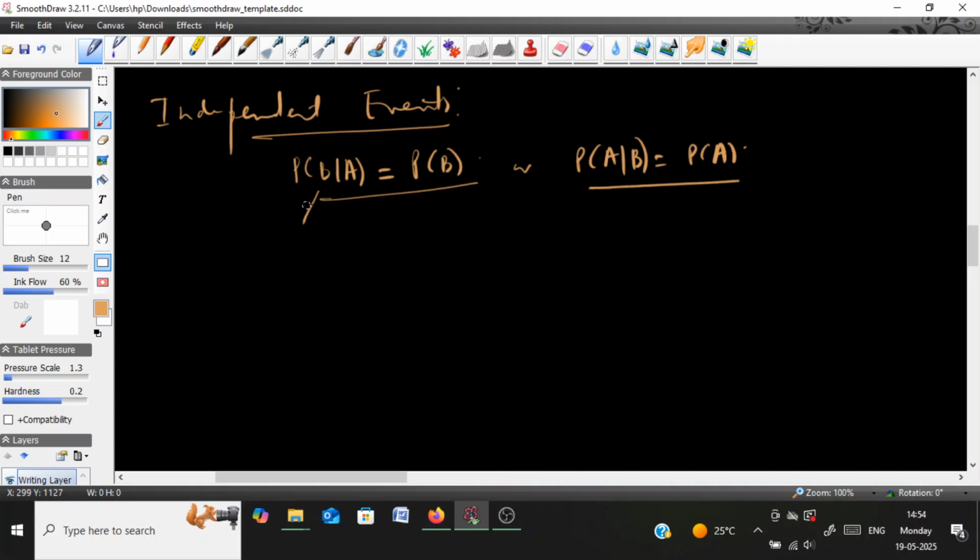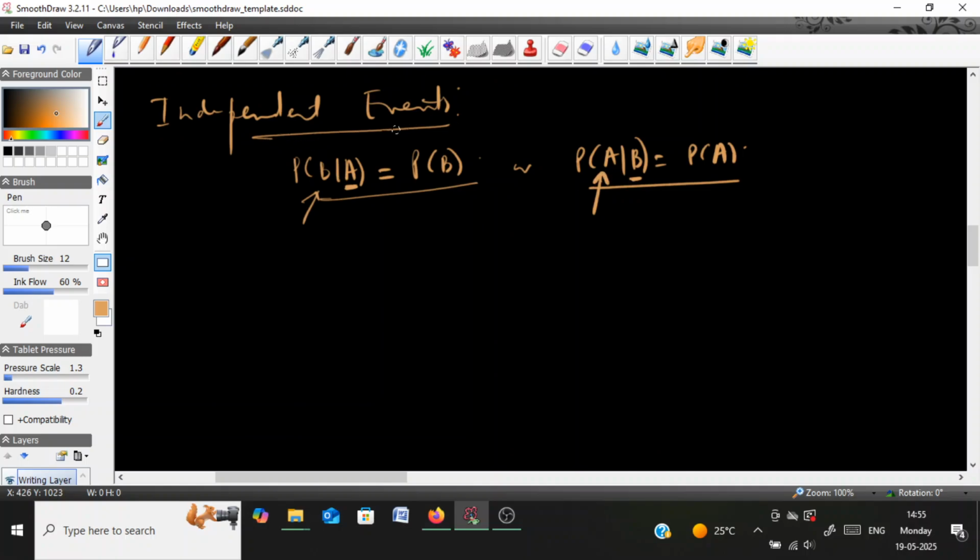So the probability of B is independent of whether event A has occurred or not. Okay. Likewise, the probability of A is independent of whether event B has occurred or not. So these are called independent events, in which the probability of occurrence of one event is not dependent on the occurrence of another event. Okay.